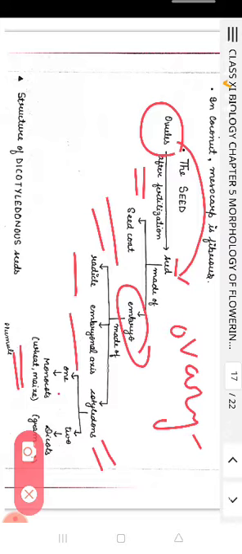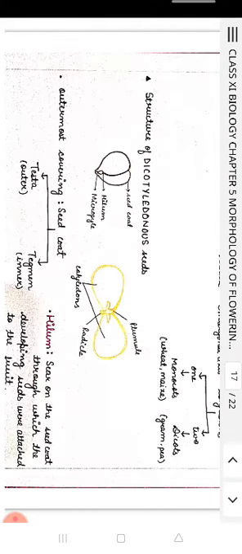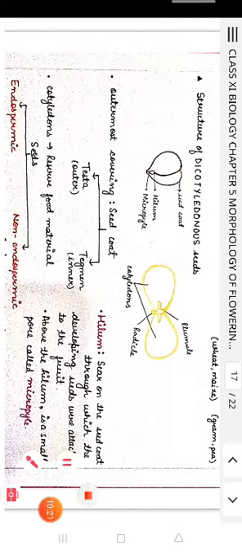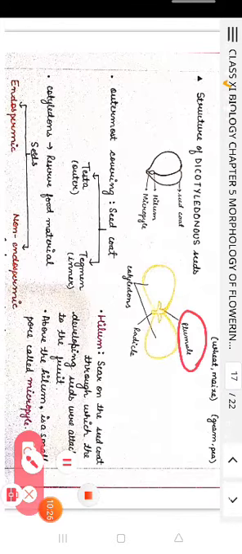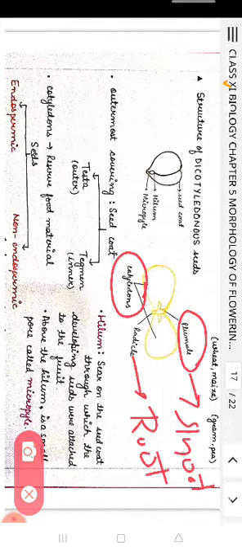Now, structure of dicot seed. In a dicot seed, the upper part is known as the plumule, which forms the shoot or stem. The radicle forms the root, or the lower part forms the root, and the cotyledon forms the leaves.